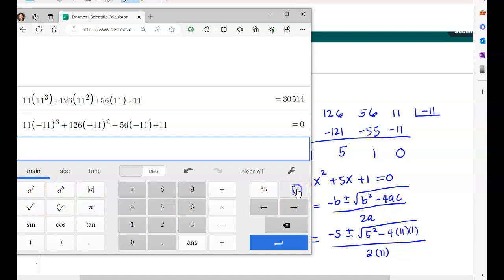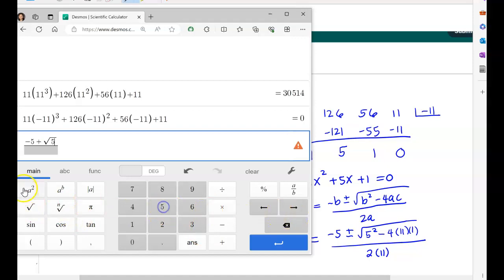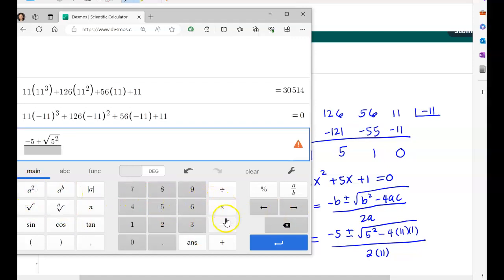So you have a fraction, and then negative 5 plus or minus. So in this case, you just do plus first. There's no plus or minus. So you do plus first, and then you take the square root of 5 squared minus 4 times 11. 11 times 1 is 11. Or you can just write 44 there. And then 2 times 11, you can just say 22.